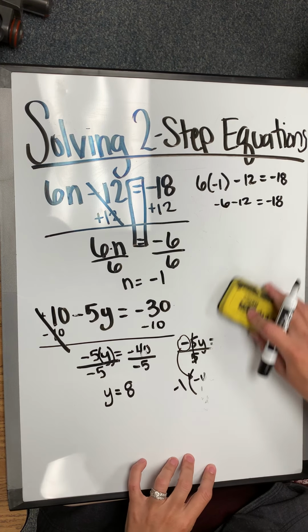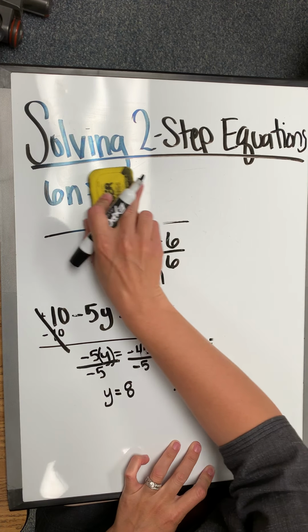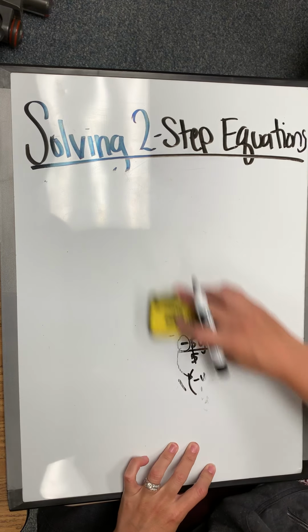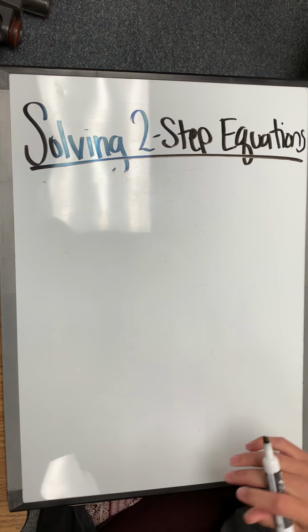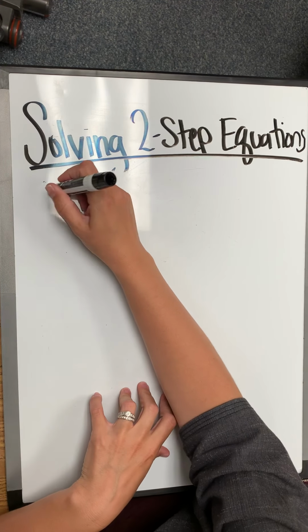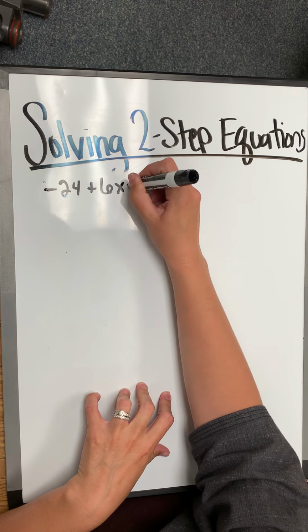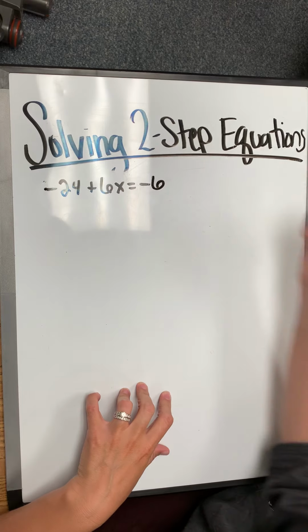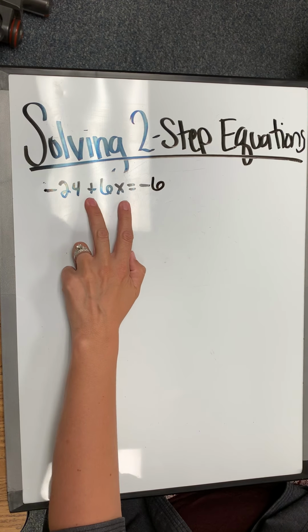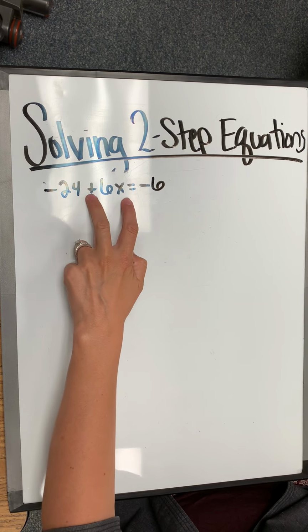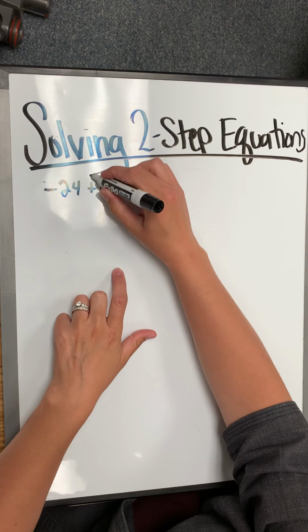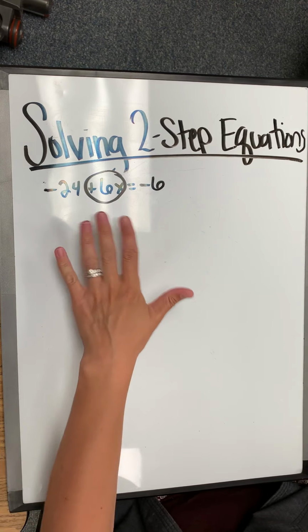I'm going to erase this. And let's do another couple. So if I have -24 plus 6x is equal to -6, my variable and what's connected to it is right here. If you need to circle it, that's fine, do that.